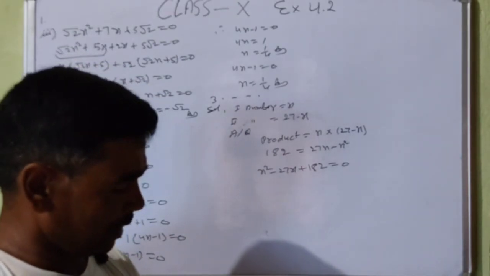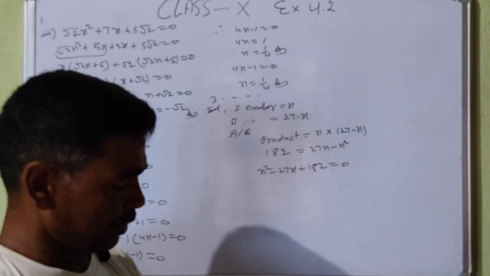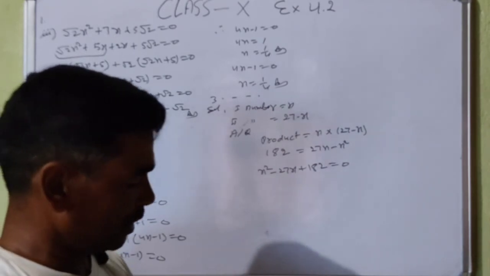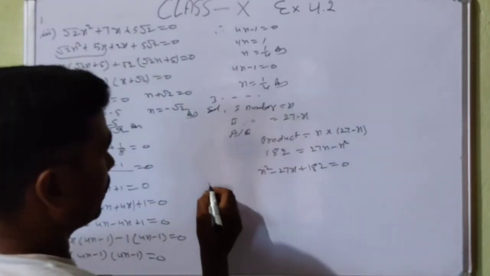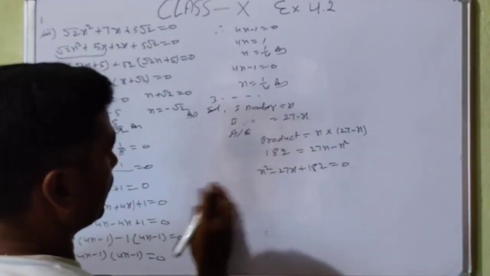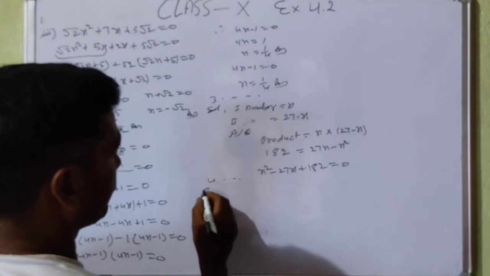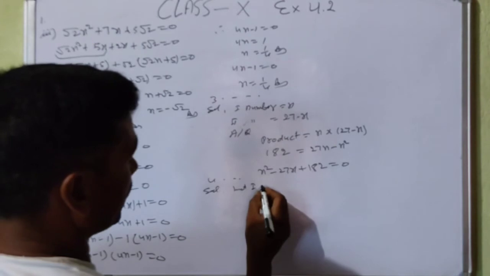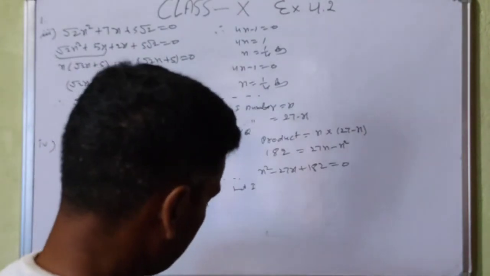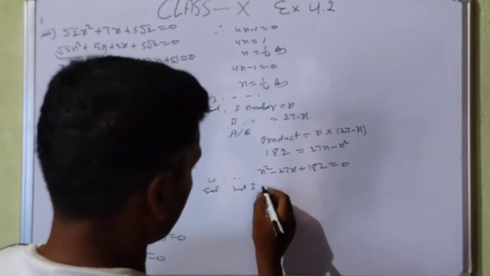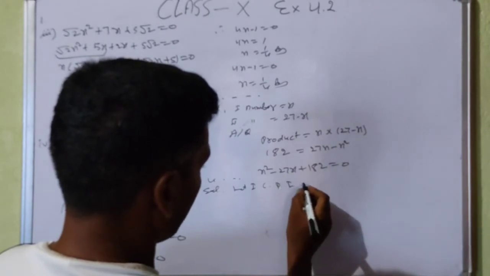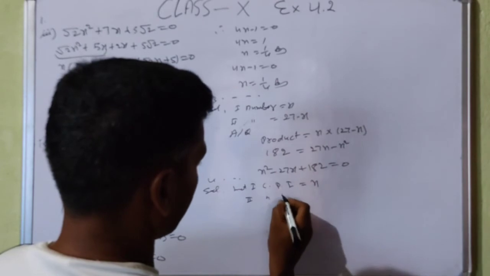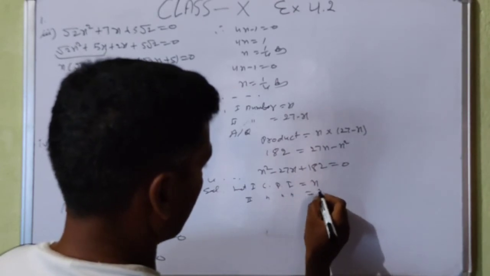Then fourth question: find two consecutive positive integers, the sum of whose squares is 365. Solution: let the first consecutive positive integer be x, and the second consecutive positive integer will be x plus 1.